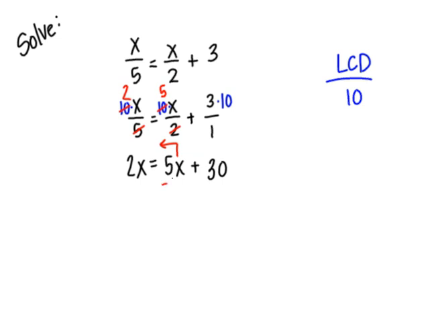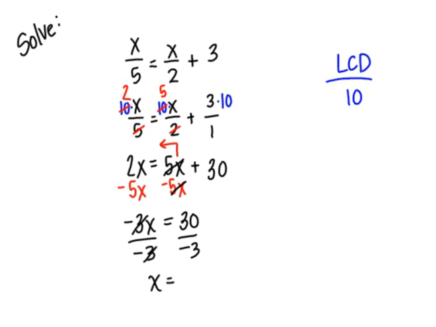So to move the 5x, I'm going to make it negative and subtract 5x from both sides. 2x minus 5x would give me a negative 3x. So negative 3x equals 30. To get x by itself, I'm going to divide both sides by negative 3, and x would equal negative 10.